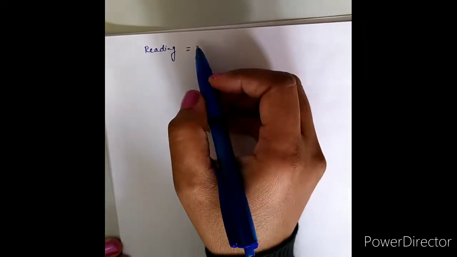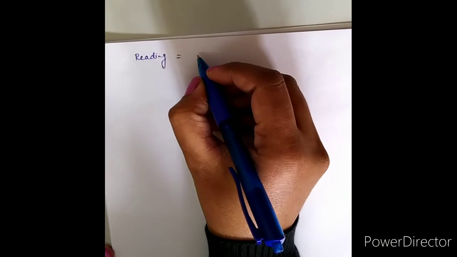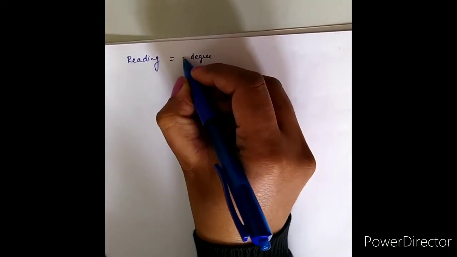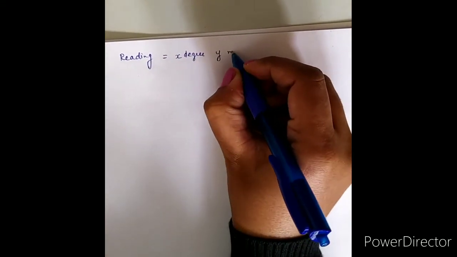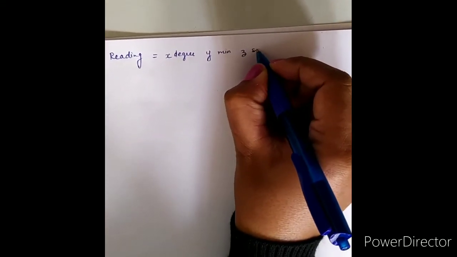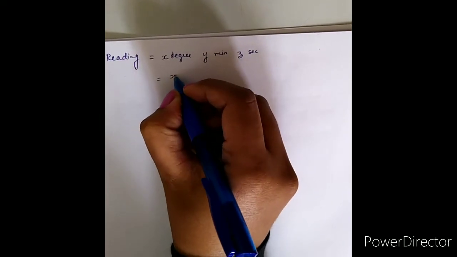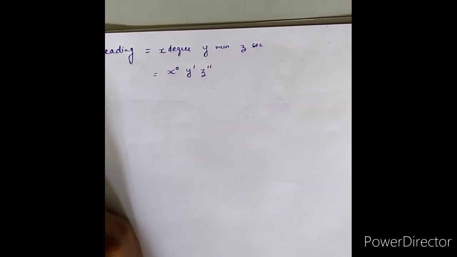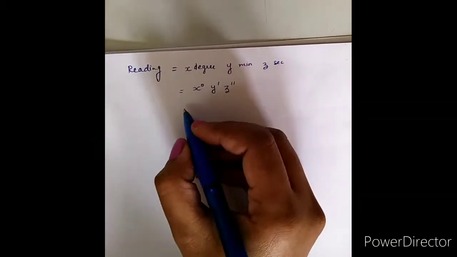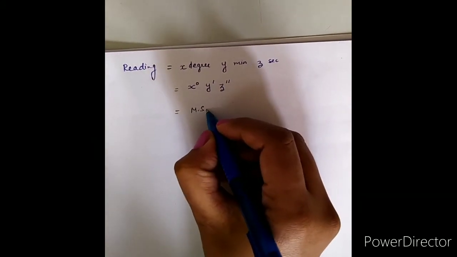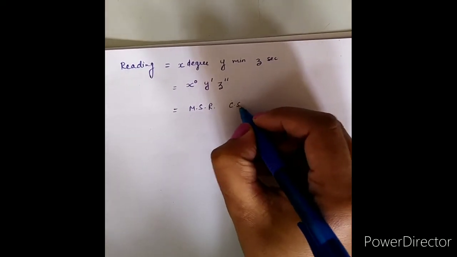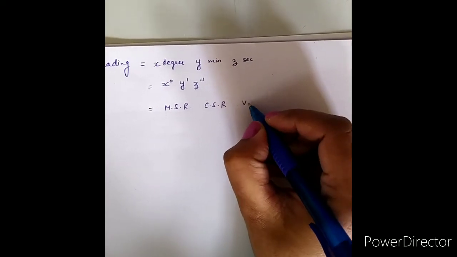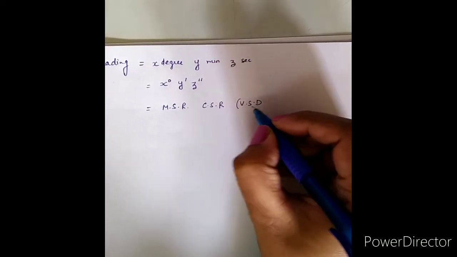So how to take the reading? The reading should be in the form x degree, y minutes, z seconds. First the main scale reading, then the circular scale reading, then the vernier scale reading.